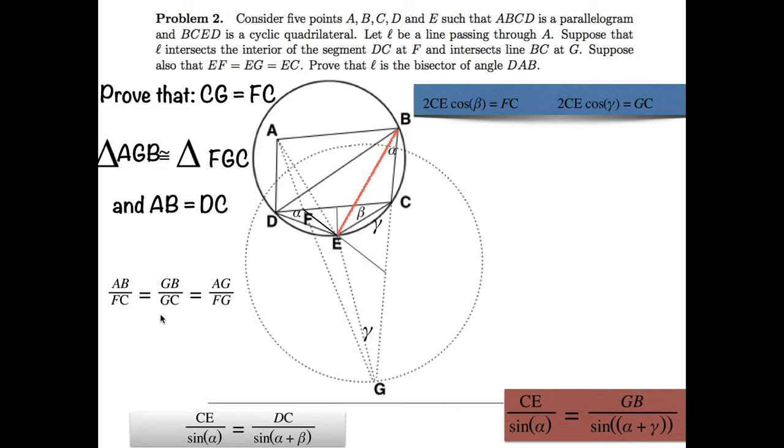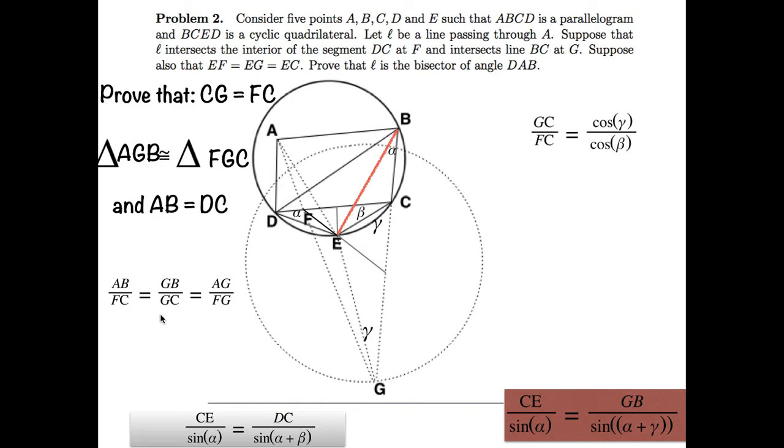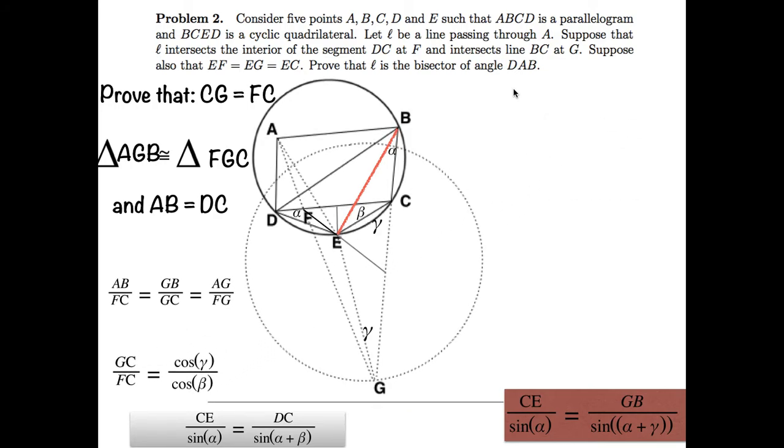So GC by FC gives you what? It gives you cos gamma by cos beta, from the blue highlighted equation. Therefore GC by FC is equal to cos gamma by cos beta. That is one more important equation that you need.